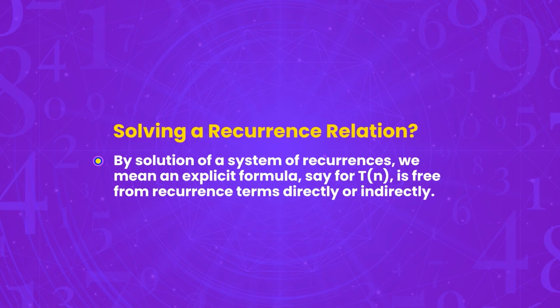Our objective is to remove all the recursive terms from the right-hand side. In other words, Tn is free from recurrence terms, directly or indirectly. All recurrence references are removed. That is what it means to solve a recursive formula.